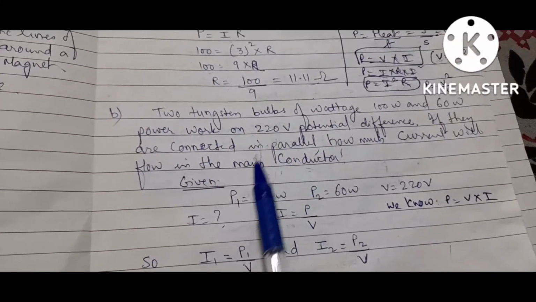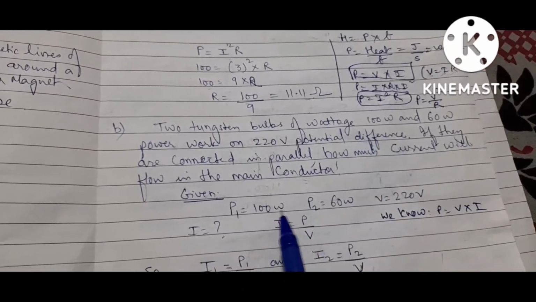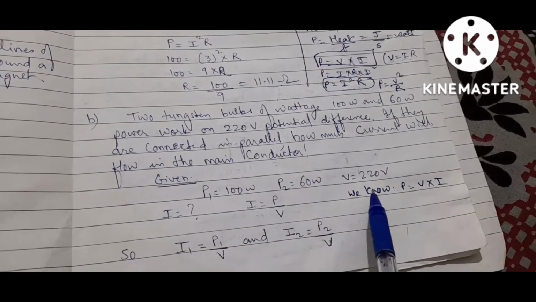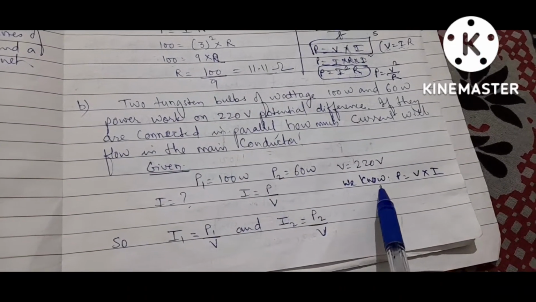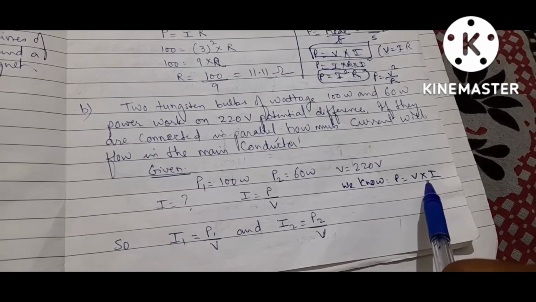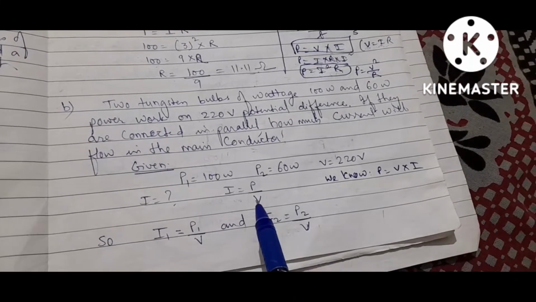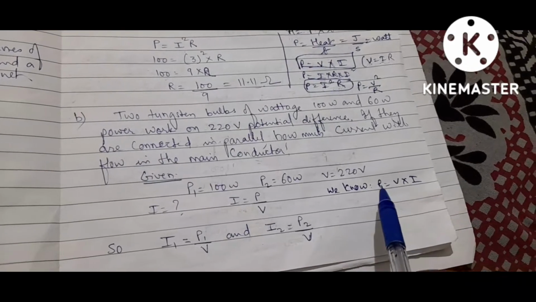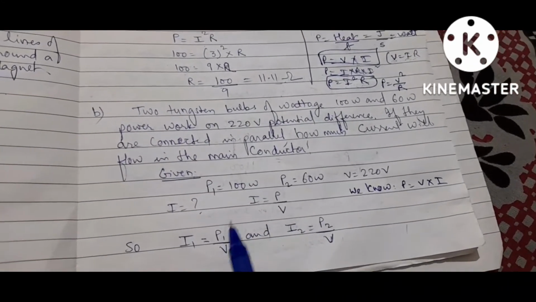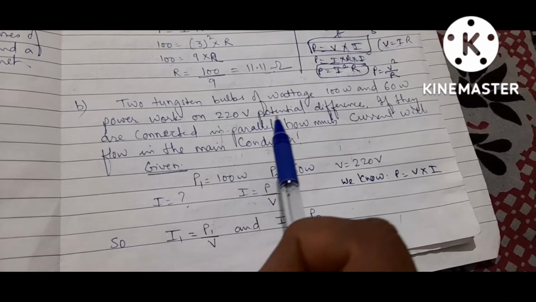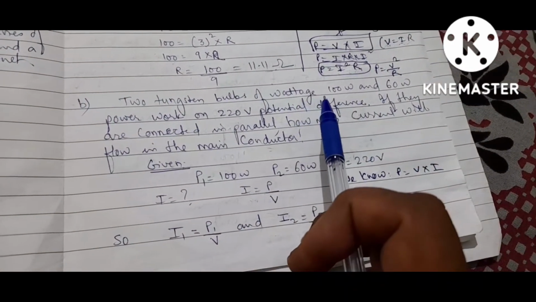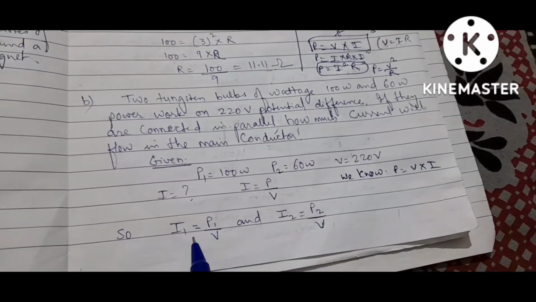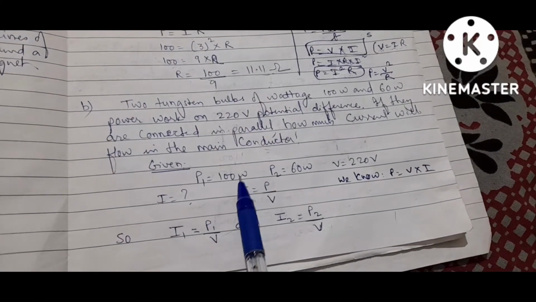In this case P1 we have taken 100 watt, P2 we have taken 60 watt. Voltage is given here, 220. Now we know the formula, power is equal to V into I. If we make the arrangement, V will come down, so I is equal to P upon V. As we have to find the current flowing through the two bulbs, the 100 watt bulb and the 60 watt bulb, we take I1 is equal to P1 upon V for the first bulb.